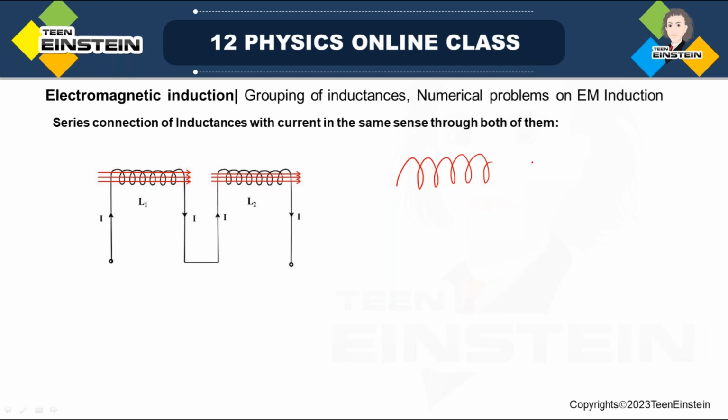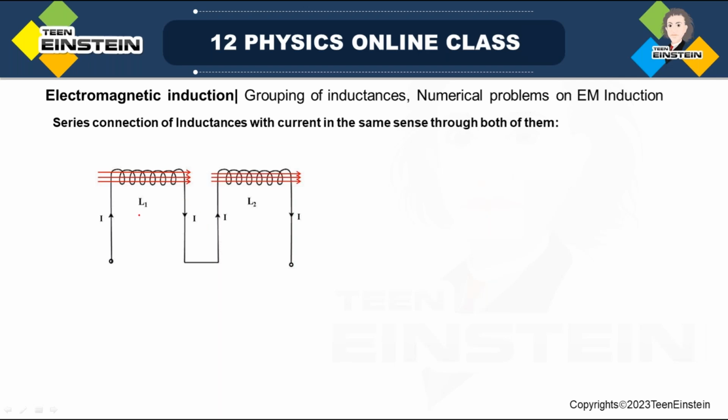It is not like this or something like this. The coil is wound in the same sense, both are coiled in the same sense, and they can be connected in two ways.